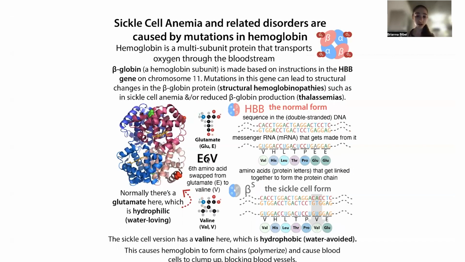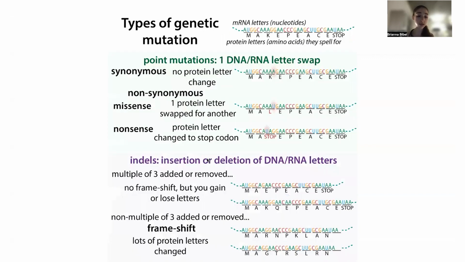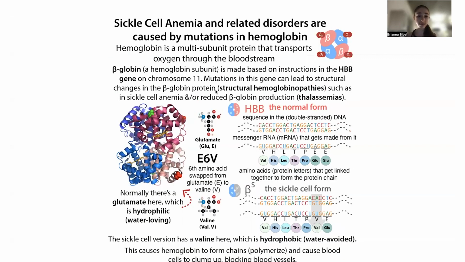But I do want to talk a little bit more about some of the terms that we use when we're discussing mutations. So in the case of sickle cell anemia in particular, we have this E6V mutation. We can use notation like this, where we're using the one-letter abbreviation.